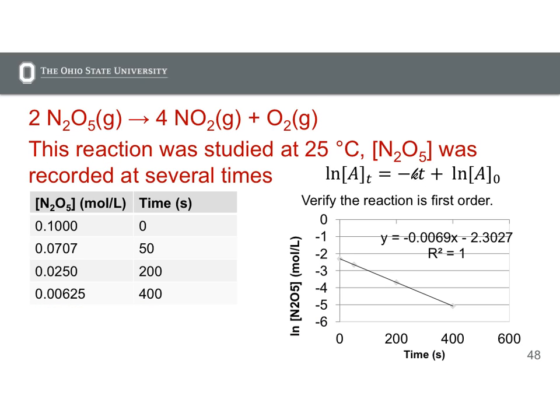So on the next slide, I plotted natural log of the dinitrogen pentoxide concentration versus time. And I get a slope of minus 0.0069. Okay, so that's our negative rate constant.